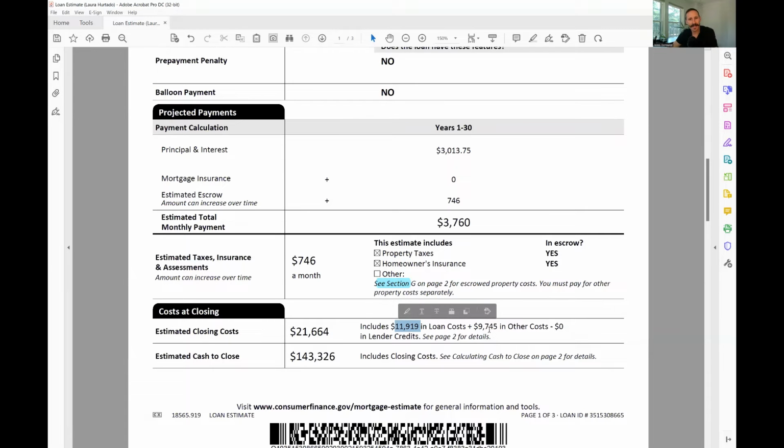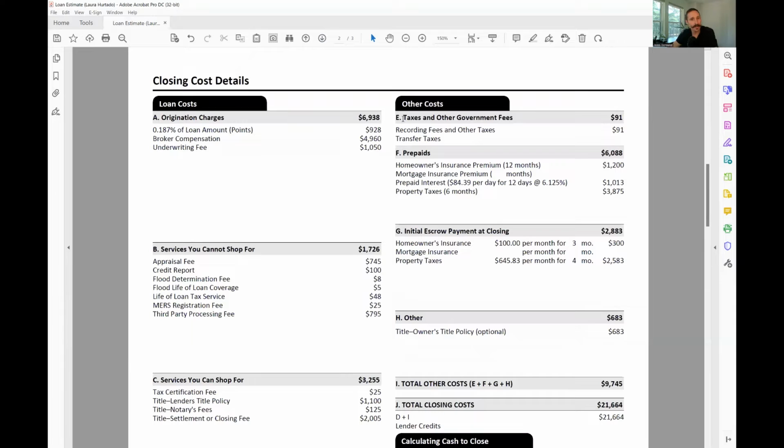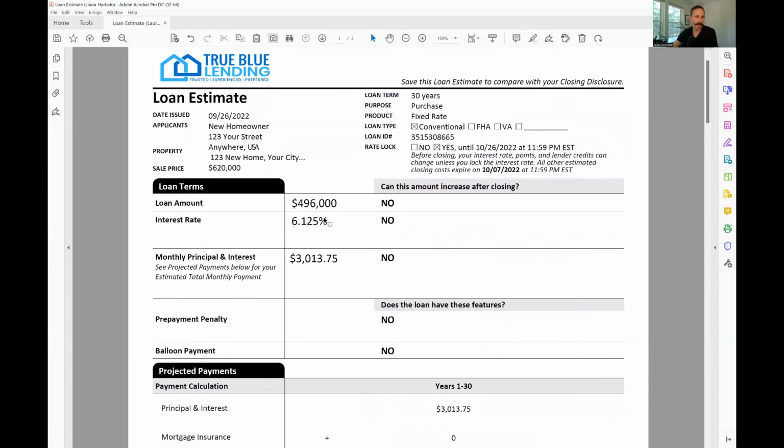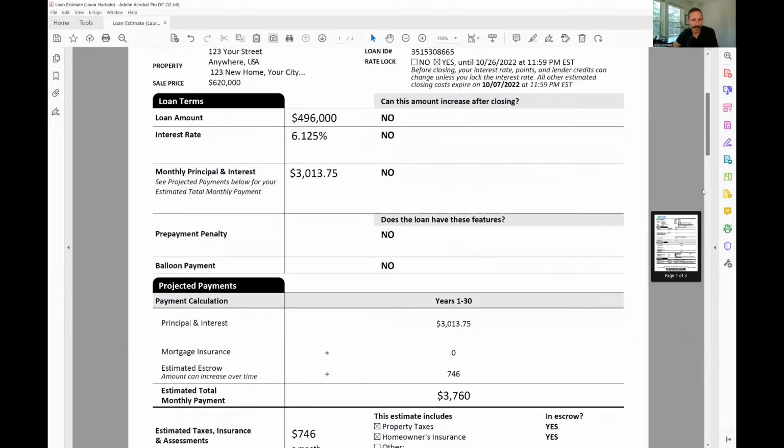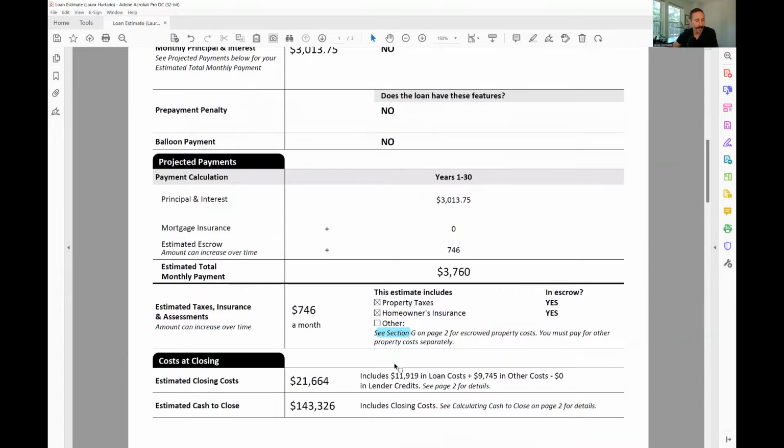And then it has $9,745 in other costs. Those are sections E right here, F, G, and H. And then those are totaled up in I. So and there's your $9,745. So you can see where the costs are broken down. It's all on page 2. So the first portion of those closing costs are going to be on the left-hand side, and the second portion is going to be on the right-hand side.